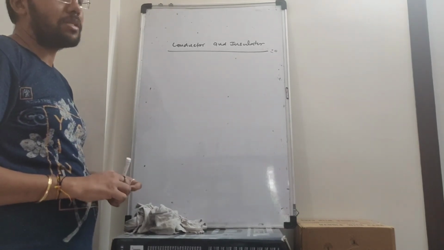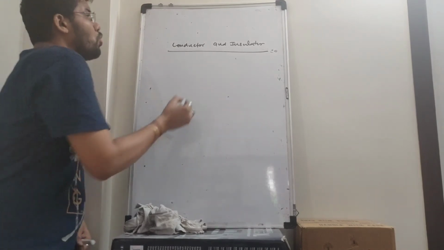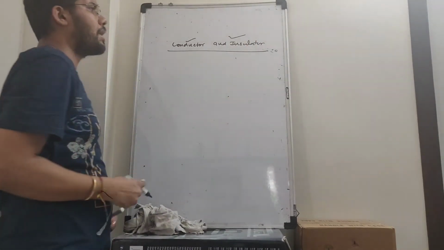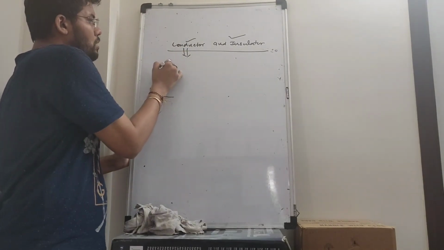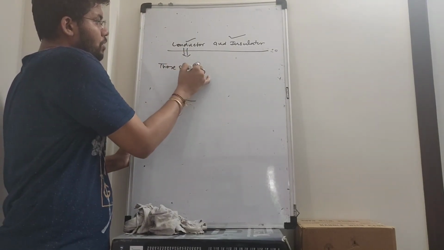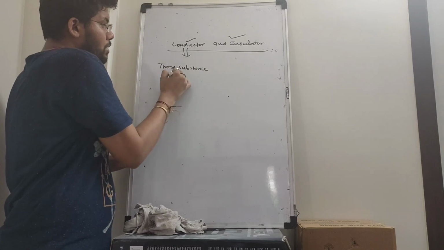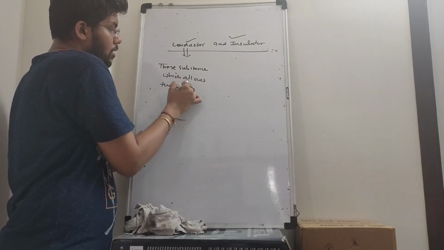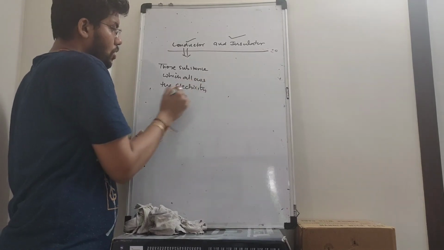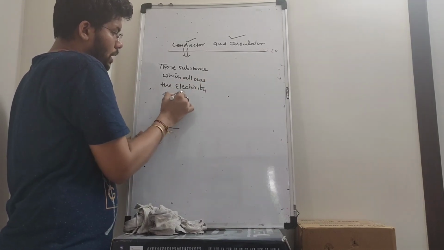Electrical properties के basis पे हम मटेरियल को दो कैटेगरी में क्लासिफाई करते हैं, कंडक्टर्स एंड इंसुलेटर्स. नाउ एज यू नो, कंडक्टर्स आर दोज सब्सटेंसेस व्हिच अलाउ इलेक्ट्रिसिटी और करंट टू पास थ्रू देम.